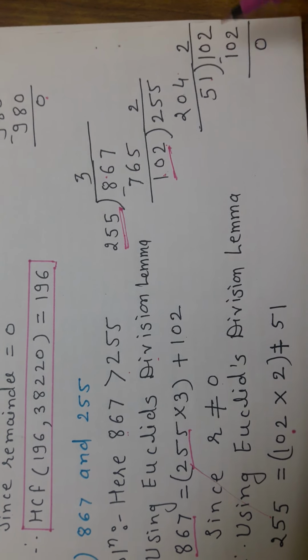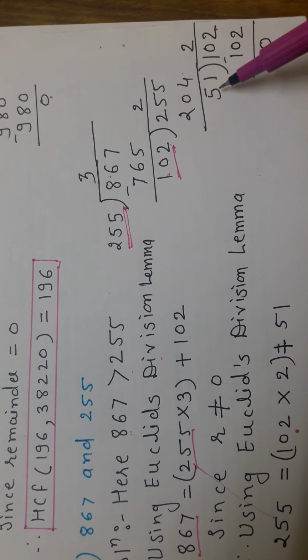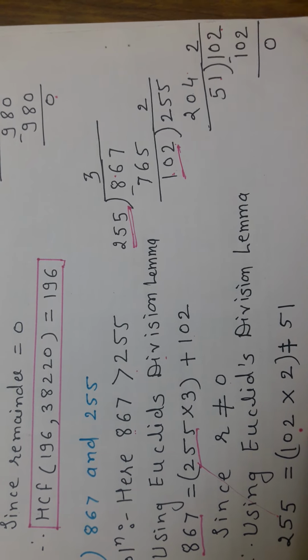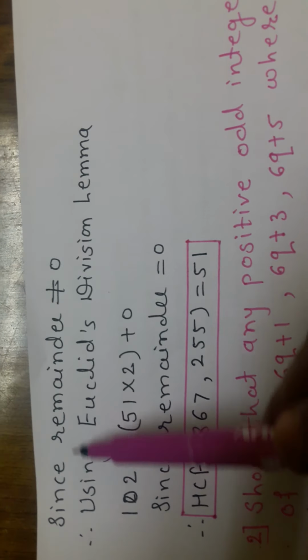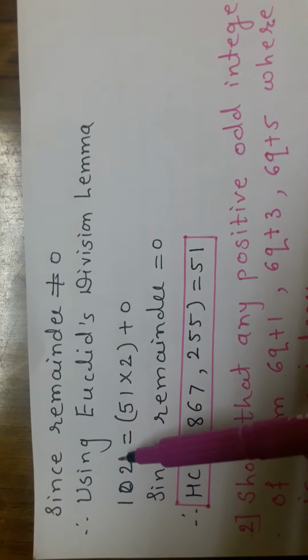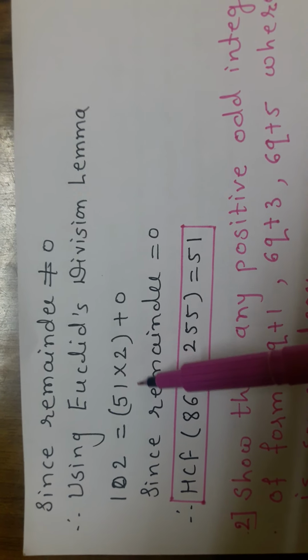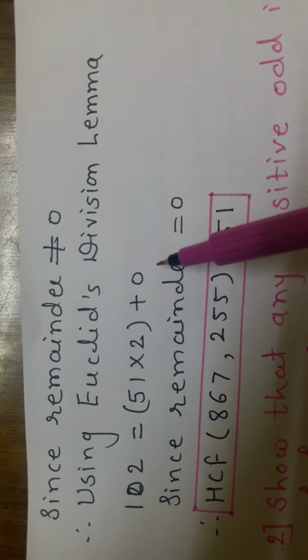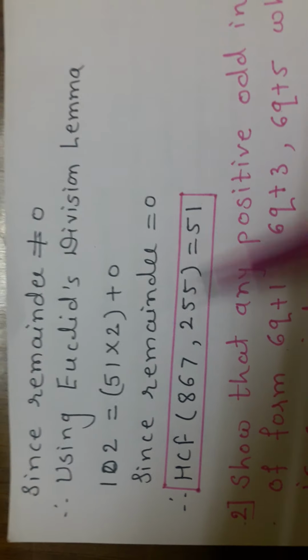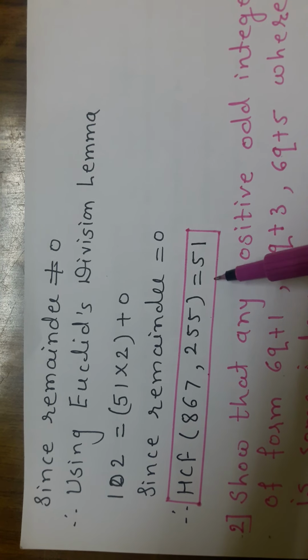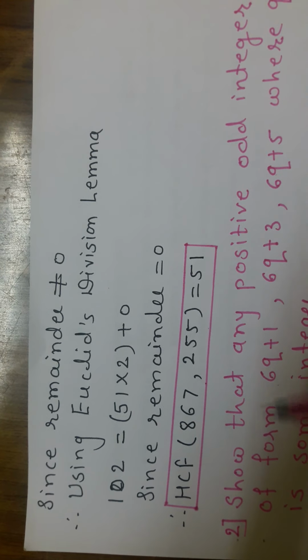That's why again 102 is going to be divided by 51. So we got 2s are 102. In the next step, since the remainder is not equal to 0, using Euclid's division lemma, 102 is equal to 51 into 2 plus 0. Since the remainder is equal to 0, therefore HCF of 867 and 255 is equal to 51.